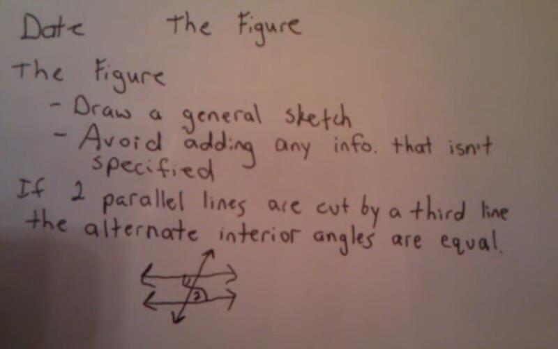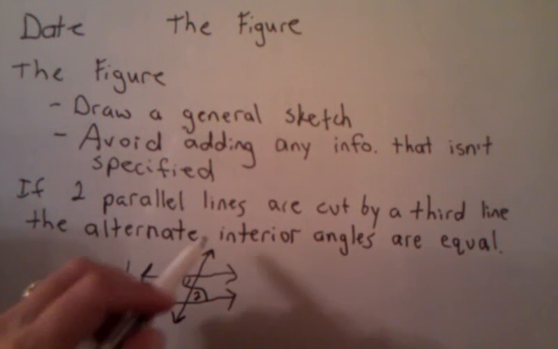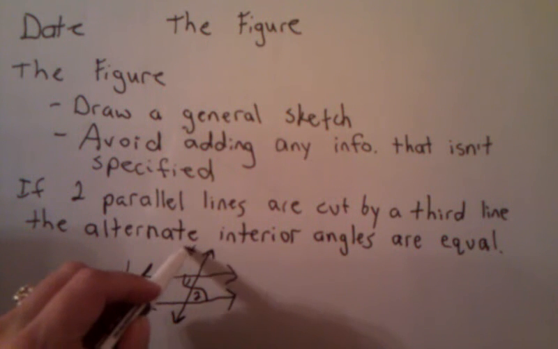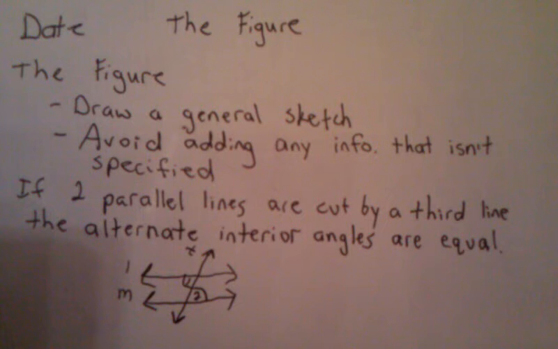We can name the lines. That's fine. They named them L and M, so if we give them a name, we know what to call them when we're doing the proof. I didn't name this line, so this is line T. So all we did is we drew a picture saying exactly what it said.